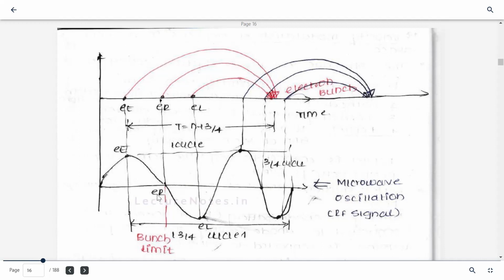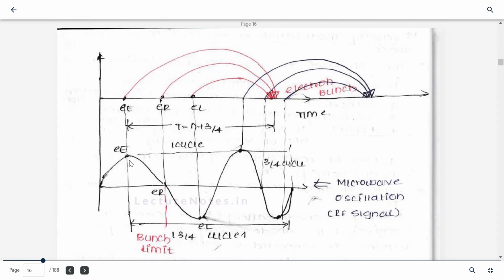The late electron that passes the gap later than the reference electron experiences a maximum negative voltage and moves with a retarding velocity. The return time is shorter as the penetration into repeller space is less, and it catches up with ER and EE, forming a bunch.